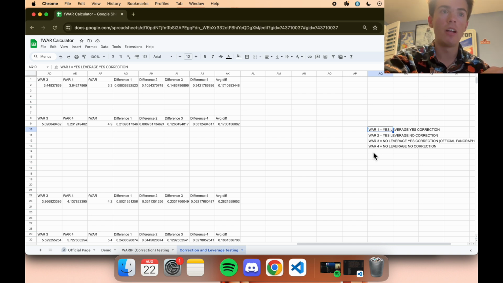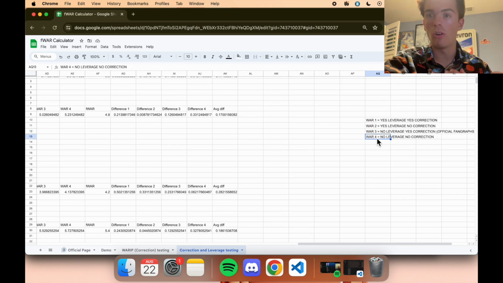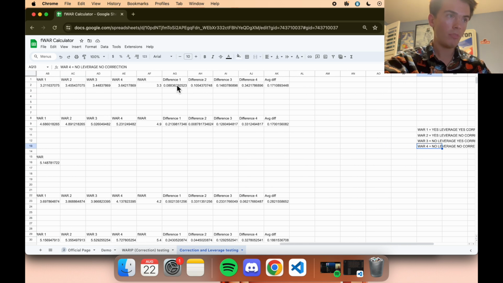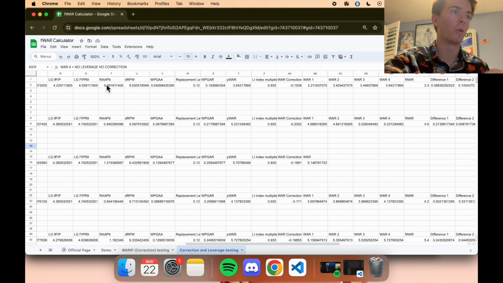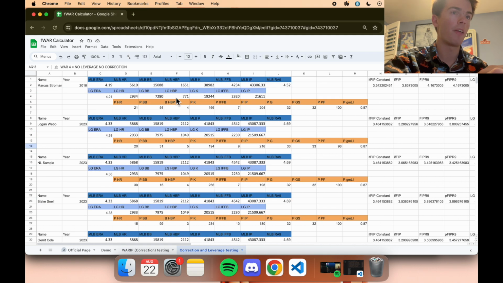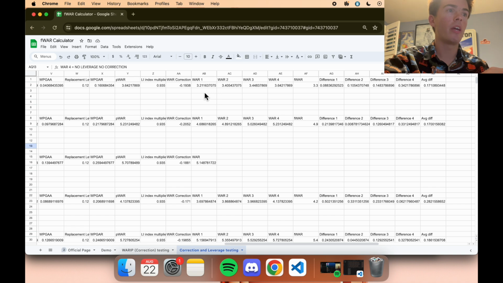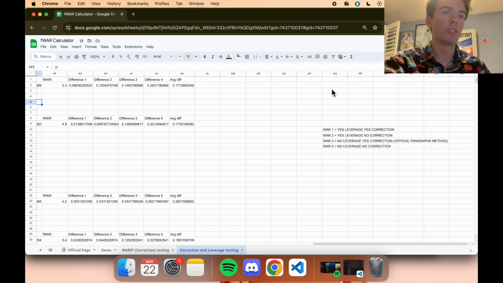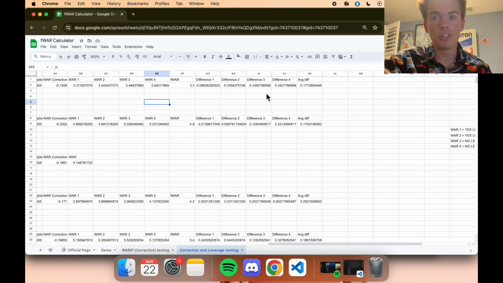Leverage yes, correction no. Leverage no, correction yes, that's the official one Fangraphs uses. And then also no leverage, no correction. Is this Stroman? Yeah, this is Stroman. So we get 4 different values of WAR here, and we're supposed to get 3.3. So WAR 1 was the closest. Which one's that? That is using leverage. So it just could be like that.